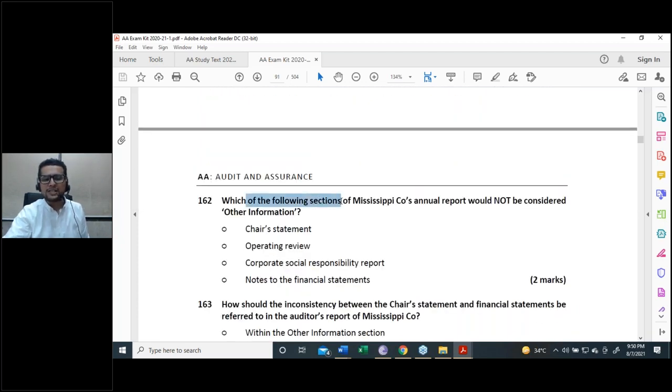Which of the following sections of the audit report would not be considered other information? Other information covers 3 things out of the 4. Which one does not?